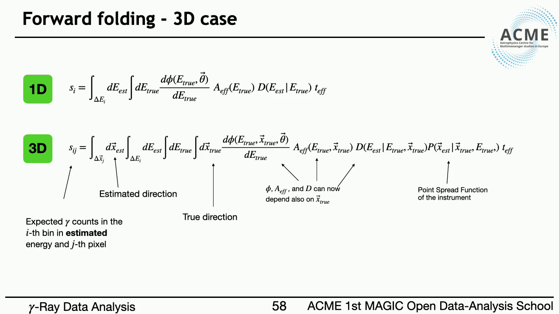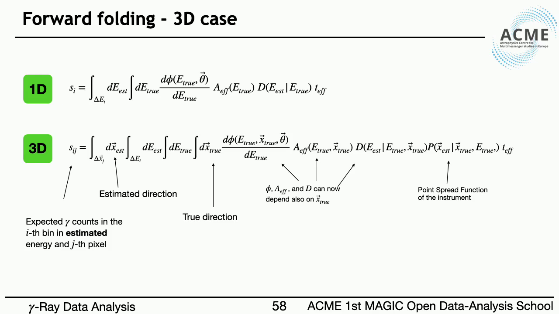So in the three-dimensional case, the spectral model is folded not only with the effective area and energy dispersion, but also with the point spread function. Here, in this expression, the point spread function is shown with the letter P, which accounts for the spatial uncertainty.